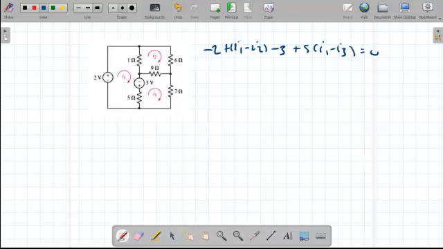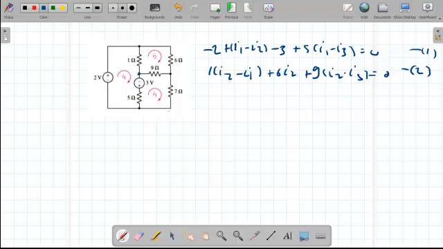For the second mesh, we start from here. So 1 times (I2 minus I1) plus 6 times I2 plus 9 times (I2 minus I3) equals 0. So this is the second equation.